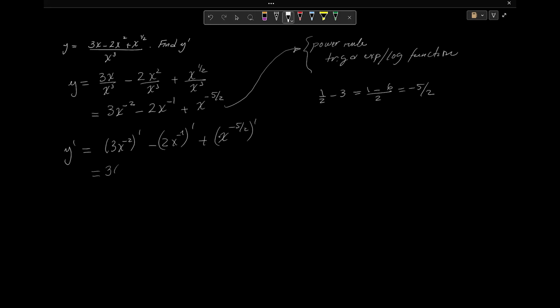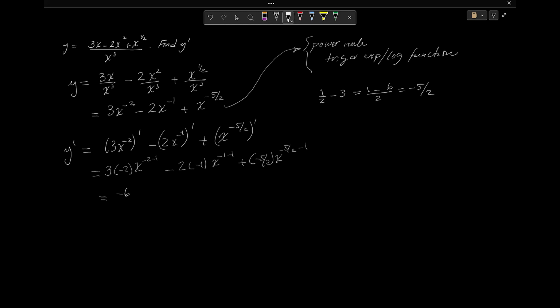We drop the power, the variable to 1 less power. Minus 2 comes along for the ride. We drop the power, x to 1 less power. And then here, same thing. We drop the power, x to 1 less power. So we can simplify a little bit.